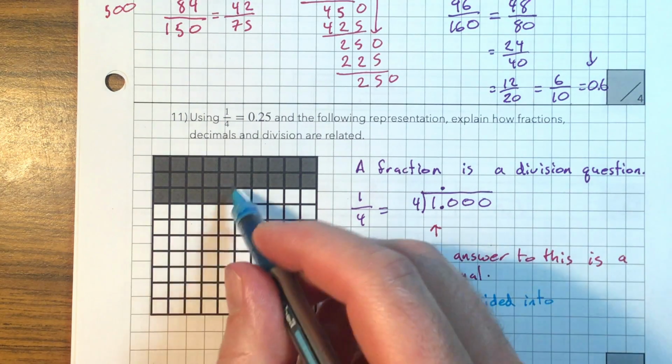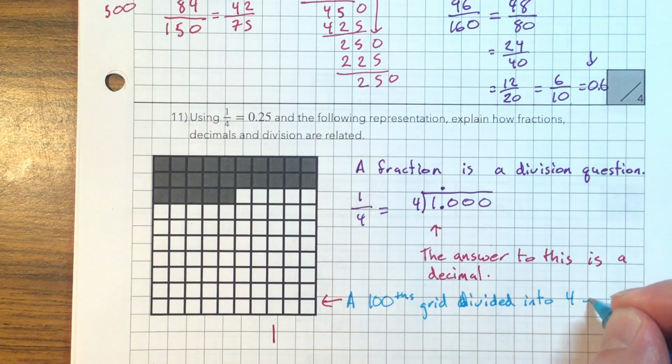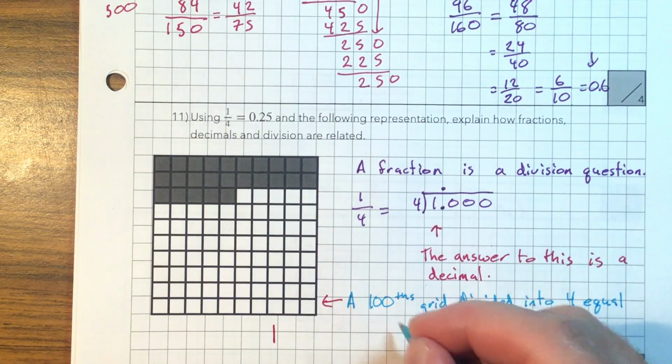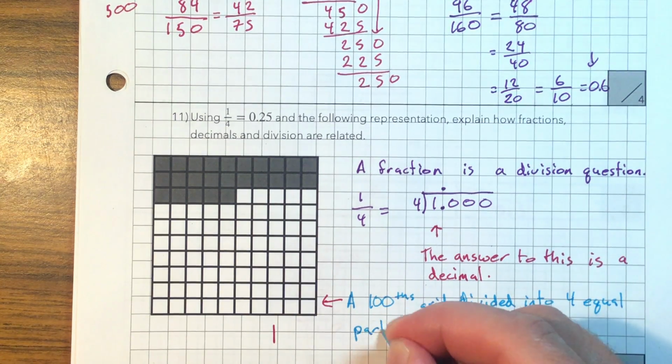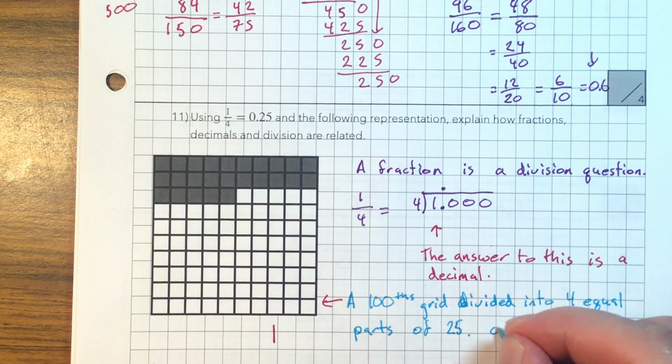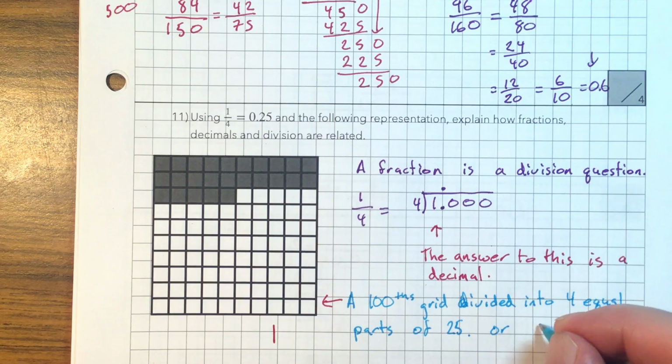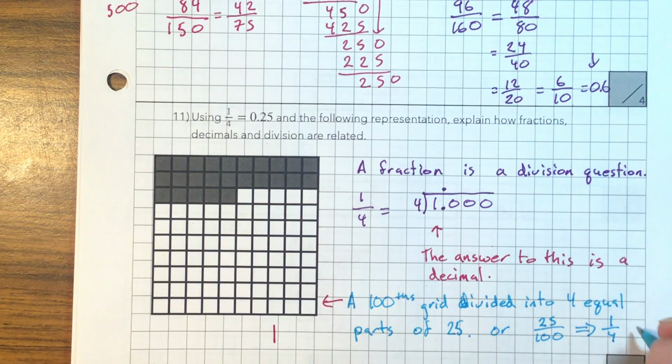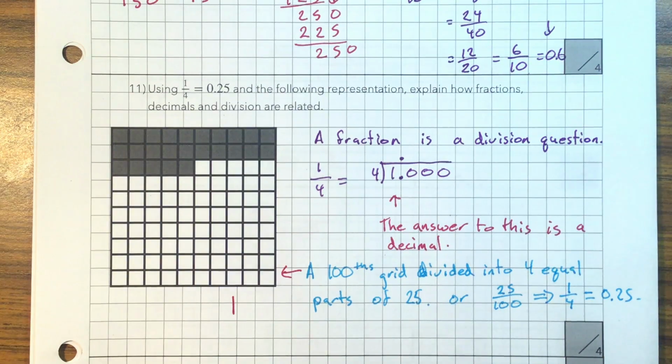Right, because 4 equal parts, of 25. Or 25 out of 100 is equal to 1/4, which is equal to 0.25. So all these things are related to each other.